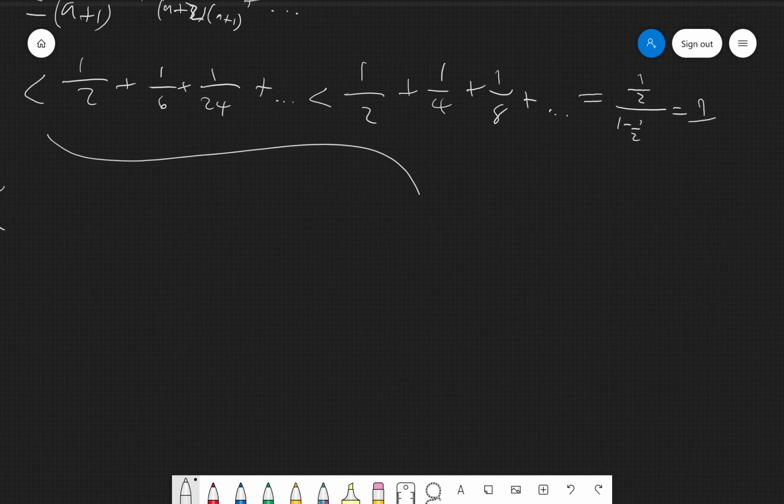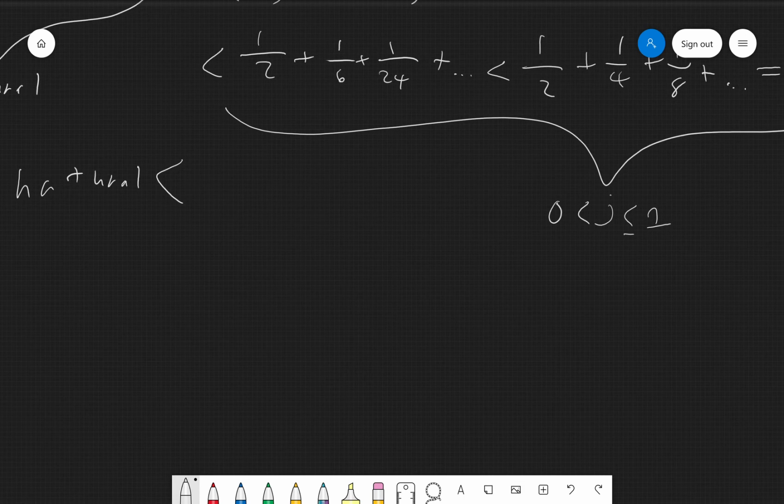So this is all, let's say, some number j, and it's between 0 and 1, right? And it could equal 1 in this case. So we have a natural that is equal or less than, or whatever, between 0 and 1, so j.